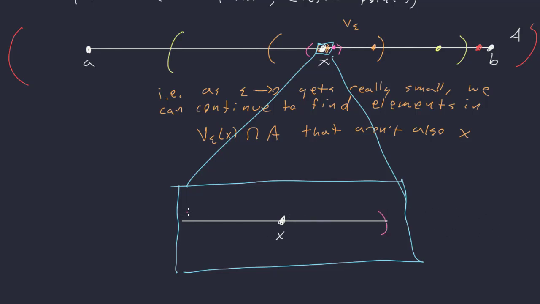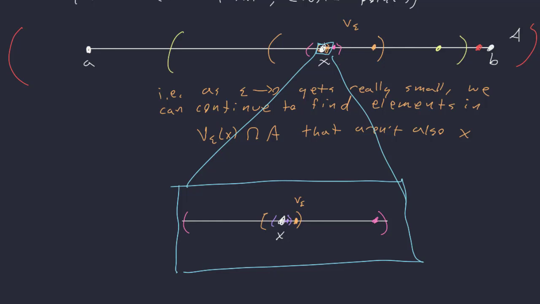So let's say the pink is here. I can get even smaller epsilons and still always find an element that will be inside or will intersect the set and not be equal to X.